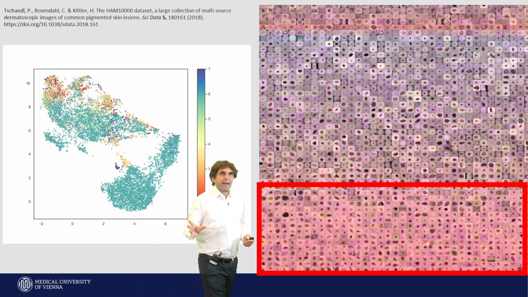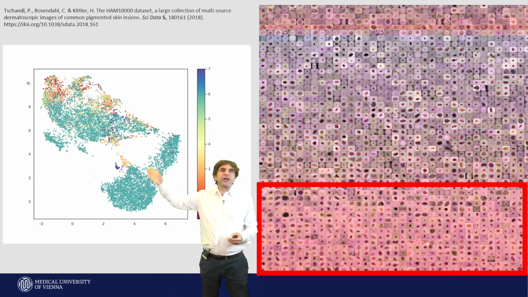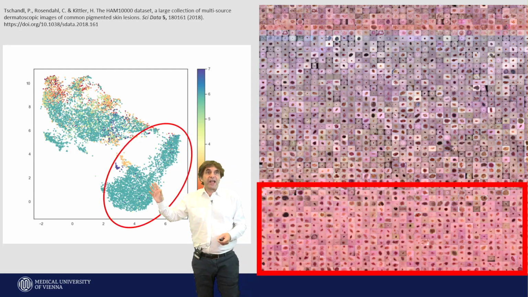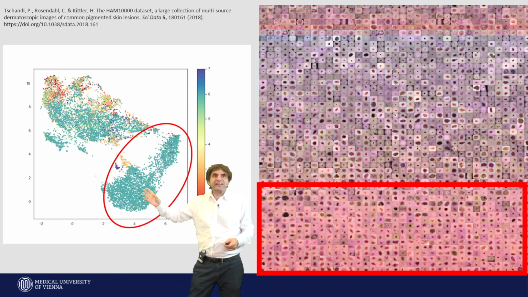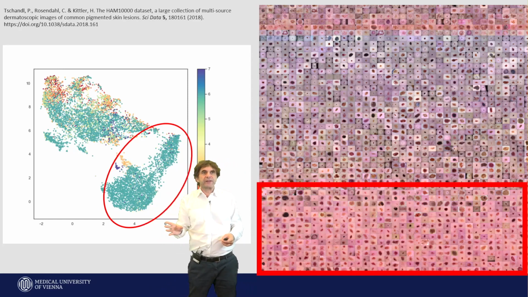Here is a UMAP, and here you see all the HAM10000 images clustered, unsupervised learning clustered. You can see there are two clusters, and this cluster here corresponds to the images that have been taken with the digital device. And you can see here that the diagnoses are unevenly distributed in the clusters.